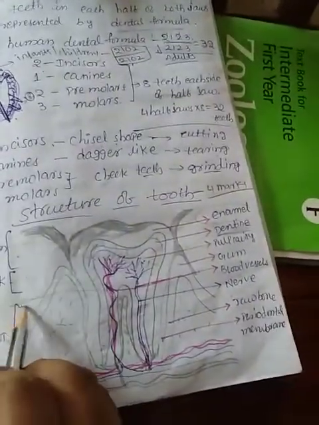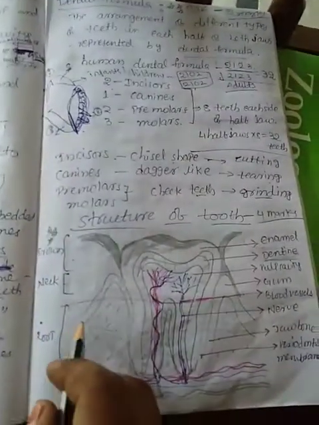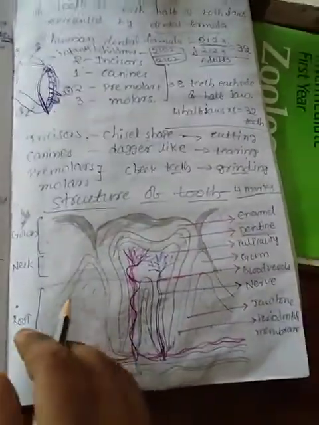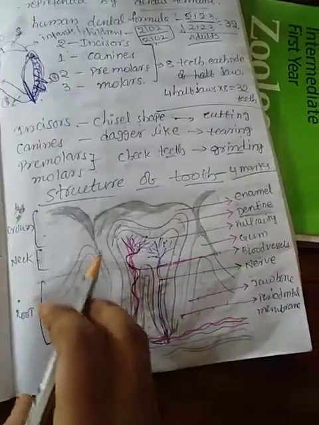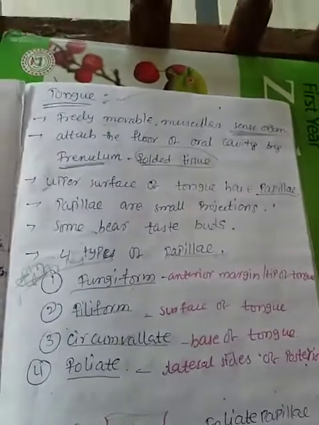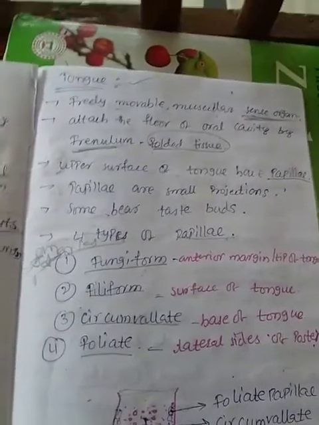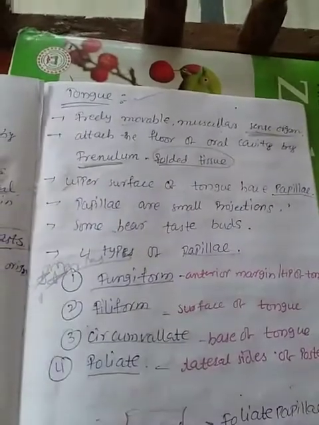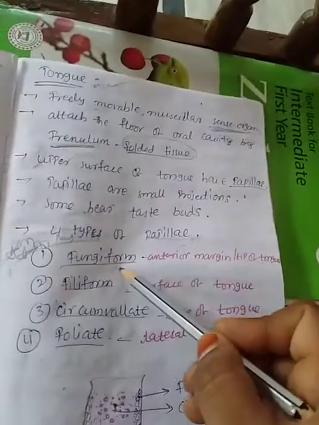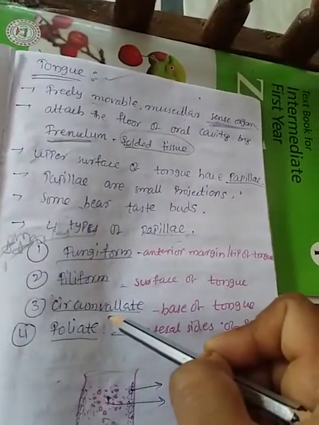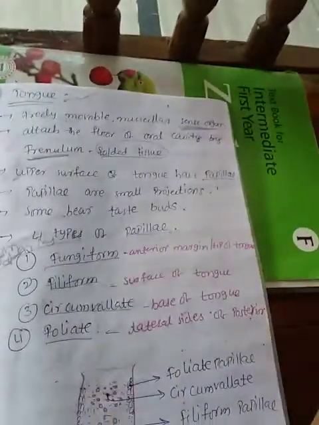And the root is covered with cementum. Root and neck are covered with gums. Next, tongue. Tongue is a freely movable muscular sense organ attached with frenulum. Upper surface of the tongue has papillae. Majorly 4 types of papillae are present: fungiform, filiform, circumvallate and foliate.